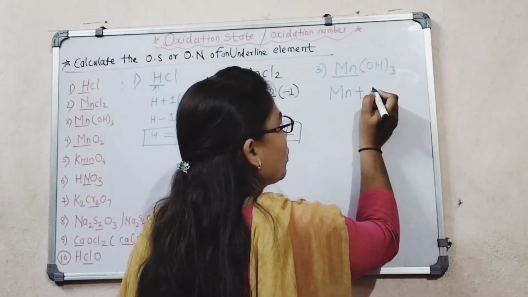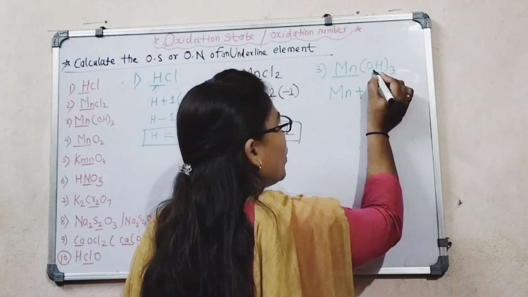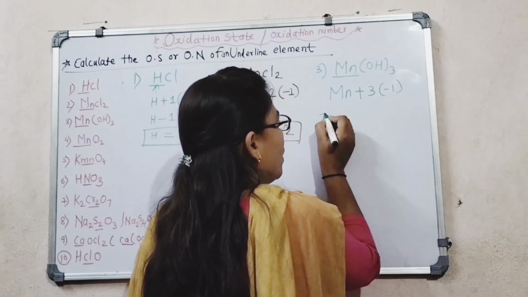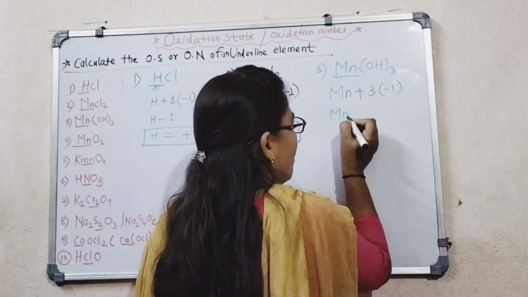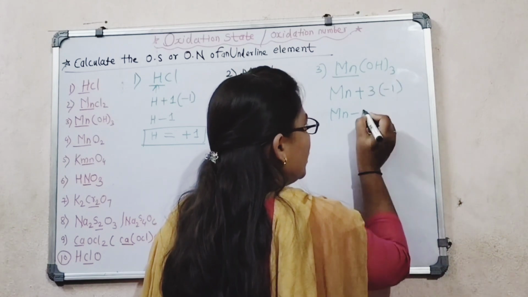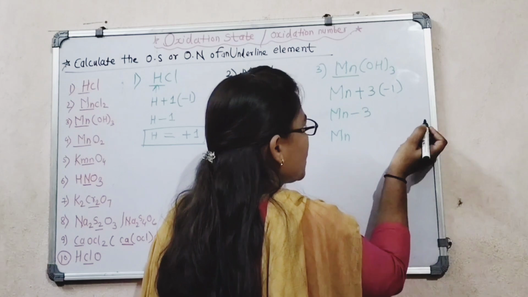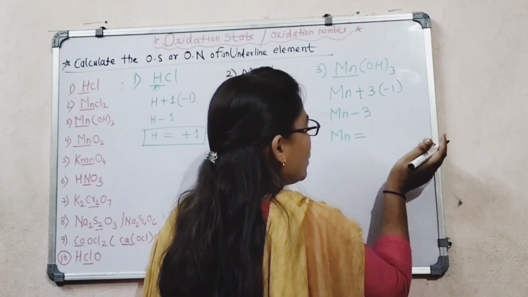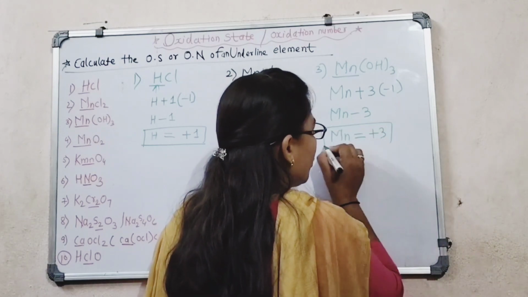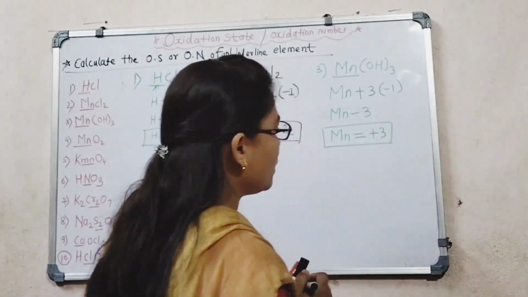There are 3 OH. So I write 3, and the oxidation state of one OH is -1, so I write -1. Then Mn + (3 × -1) = 0, and this -3 becomes +3 when it goes beyond the equal sign. So the oxidation state of Mn in Mn(OH)3 is +3.